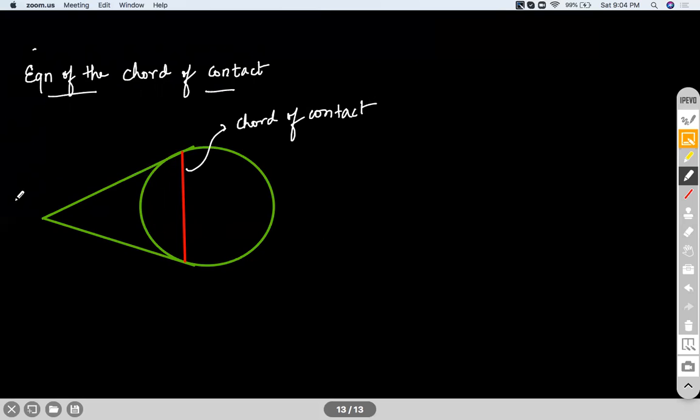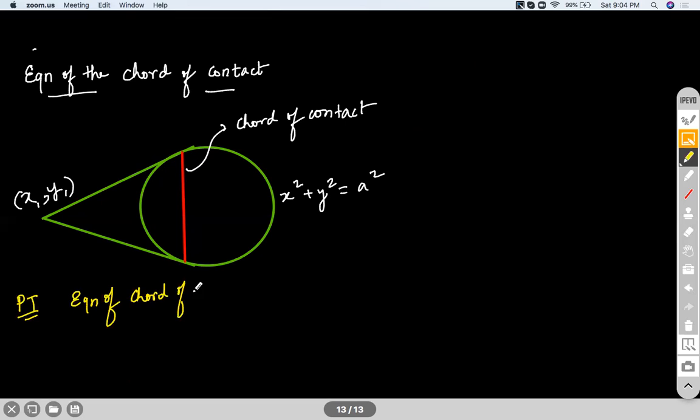Now my question here to both of you is, let's say this is the point x1 y1 and this is the circle x square plus y square is equal to a square. Prove that the equation of the chord of contact is x1 x plus y1 y is equal to a square.